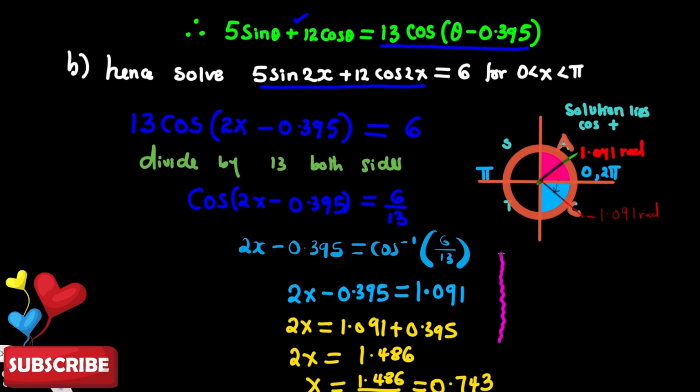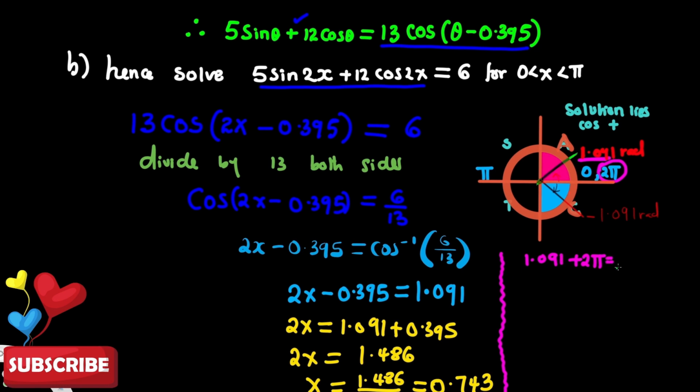Now, the next value of x that we can work out is the one whereby we add 2 pi. If you add 2 pi, it will be after a full cycle, moving from 0 all the way to 360, and moving all the way again. Meaning that this is the second cycle. If you add 2 pi, that also will be a solution, which we can also work out.